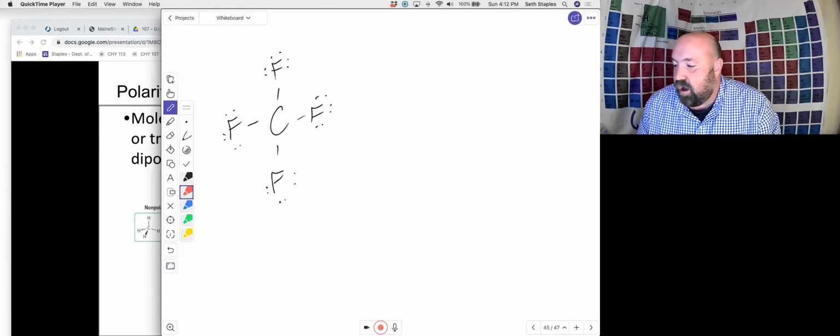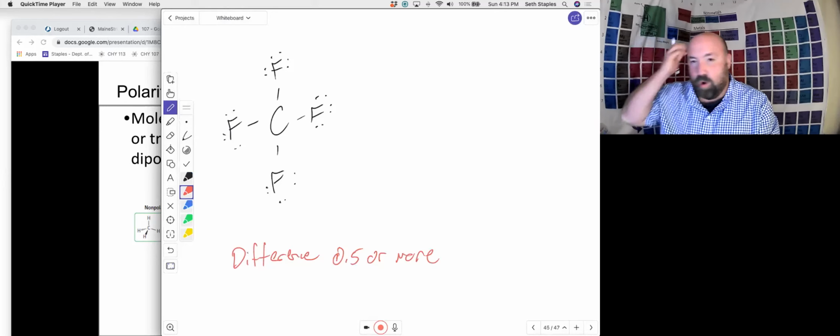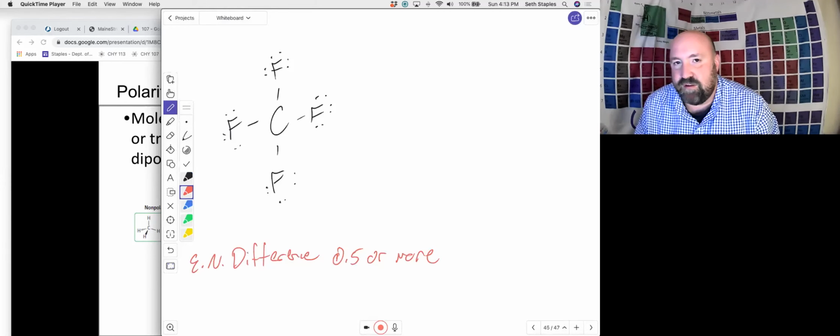Now we look at our electronegativity table, and you'll be able to use a table like this. You're not going to have to memorize electronegativity values. But we look for a difference of 0.5 or more. So if we have an electronegativity difference of 0.5 or more between two atoms, we say that is a polar bond.